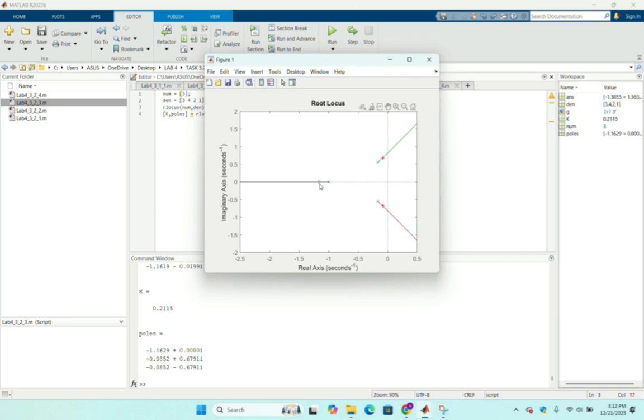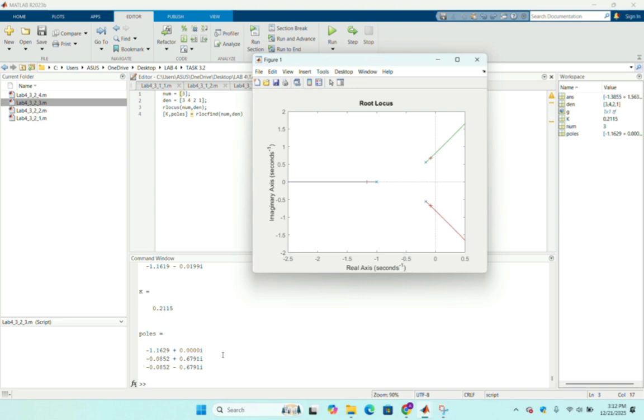My selected point is negative 1.1619 minus 0.0199j, and my k is 0.2115.